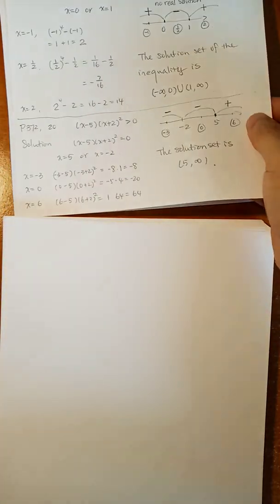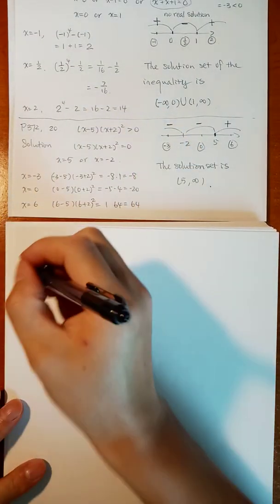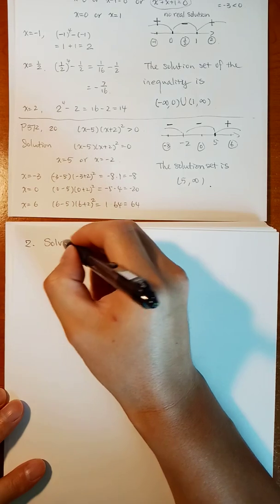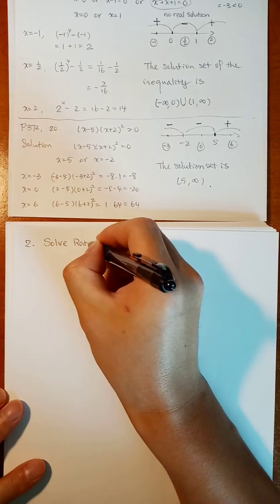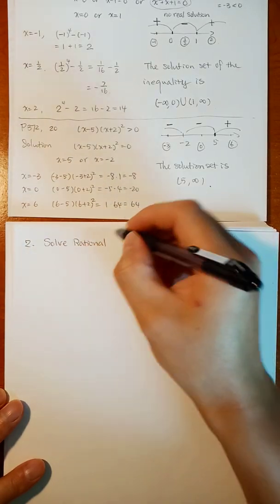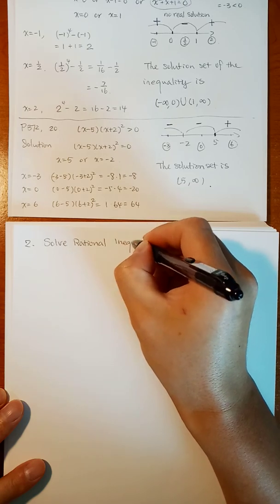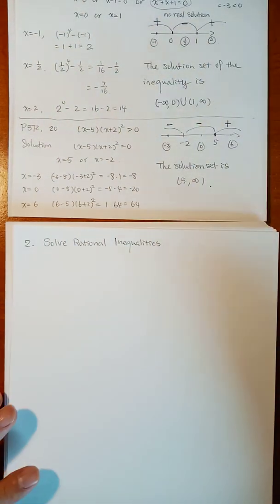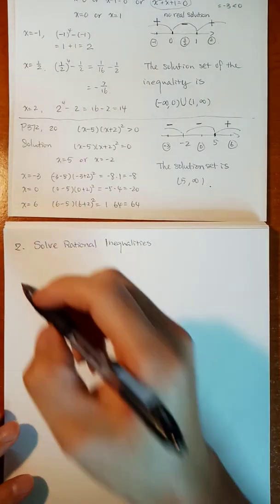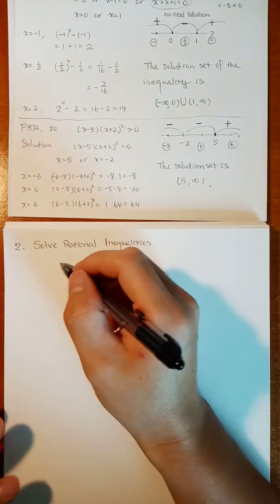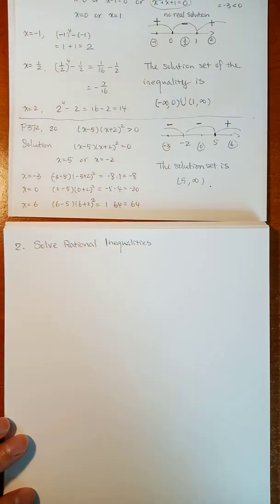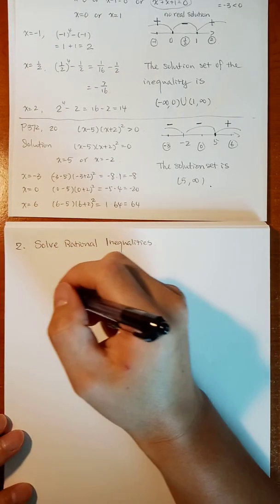Okay, now let's see the second part, rational inequalities. Rational inequality, you see, there's one thing we all know, but possibly we didn't mention.